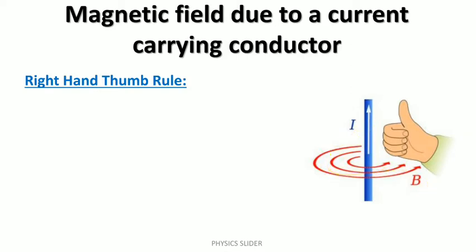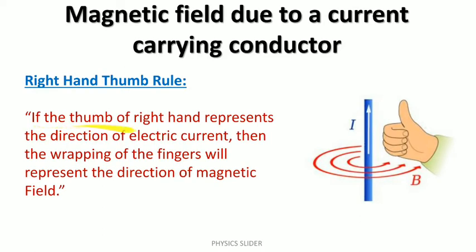If the thumb represents the direction of the electric current, then wrapping of the fingers will represent the direction of the magnetic field. Means if the thumb of right hand represents the direction of electric current, then the wrapping of the fingers will represent the direction of magnetic field, and this is called right hand thumb rule.